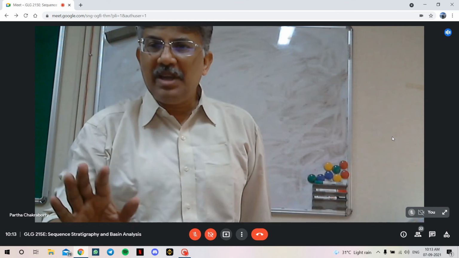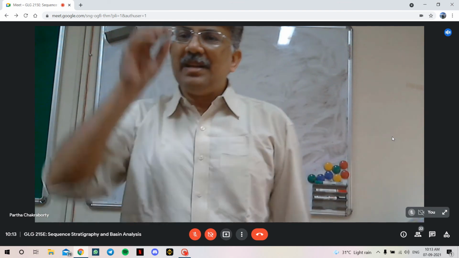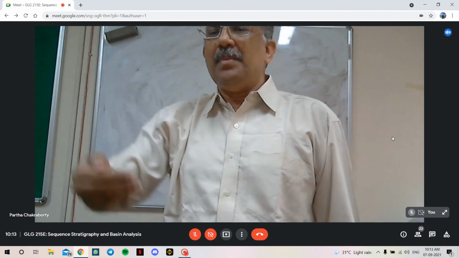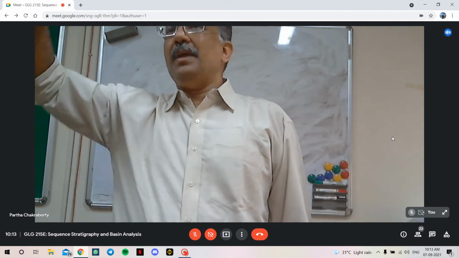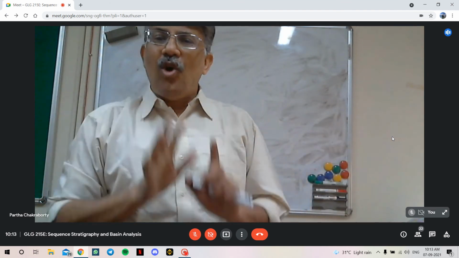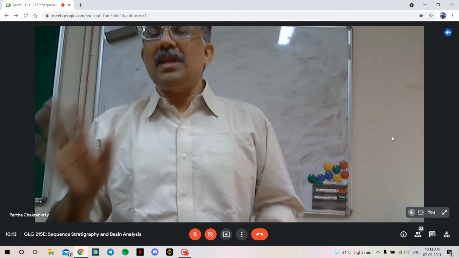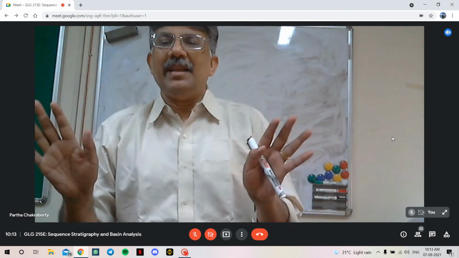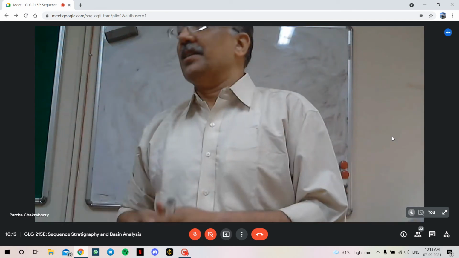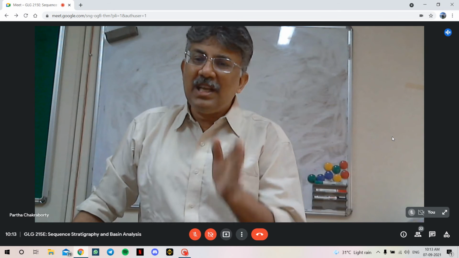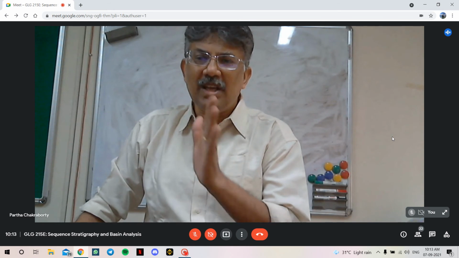We are now talking about the relative sea level: relative sea level falling, relative sea level slowly rising, relative sea level fastly rising. So what will be the pattern at the coastline in terms of the stratal stacking? We are now talking about a cross section of the coastline.